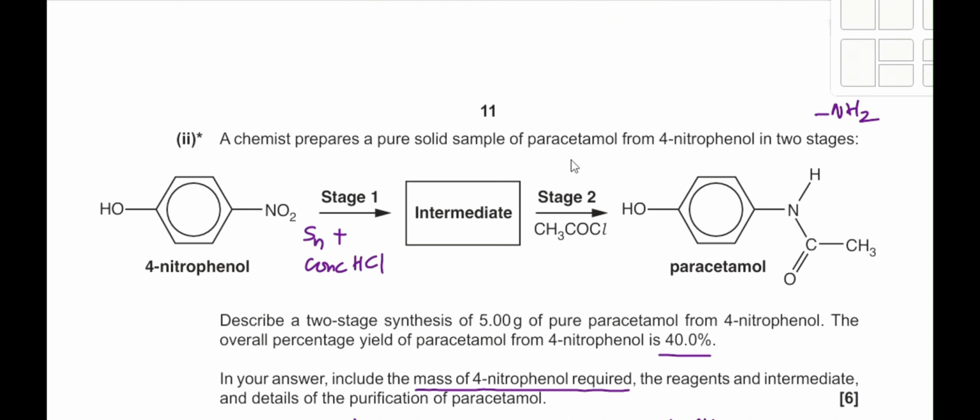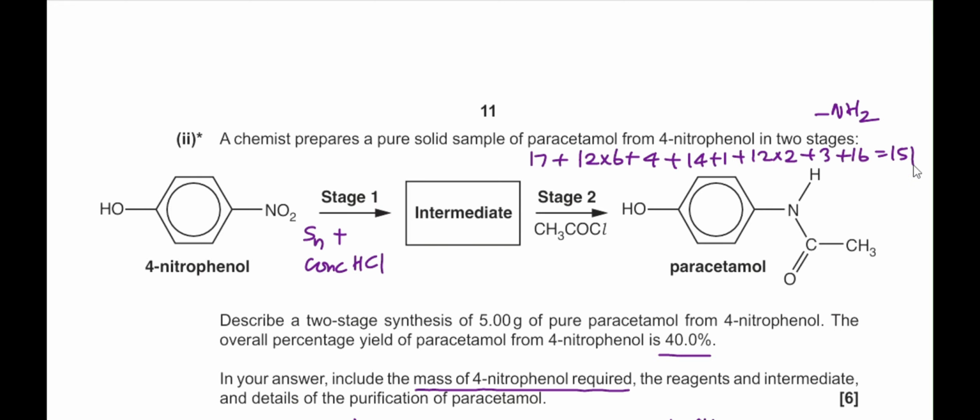If you want to look at the MR of paracetamol, it is 17 plus 12 times 6 plus 4 hydrogen atoms plus the nitrogen plus 1 more hydrogen plus 12 times 2 plus 3 hydrogen plus 16, altogether 151.